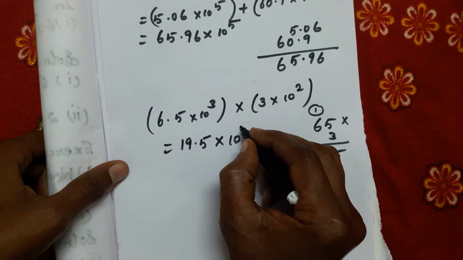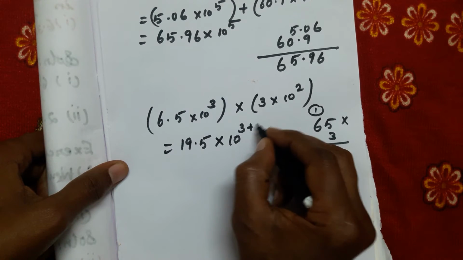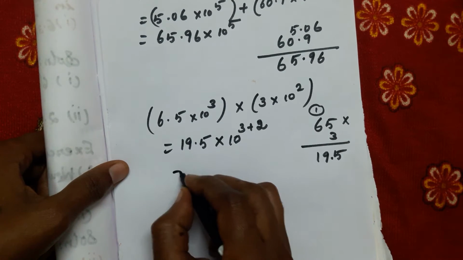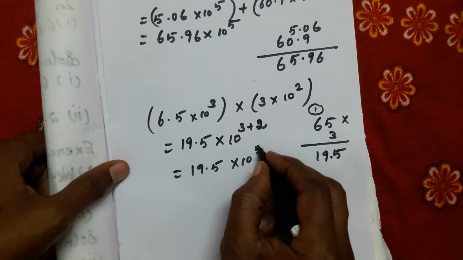Integers, listen here, 10 power 3 into 10 power 2 means 10 power 3 plus 2, which is equal to 19.5 into 10 power 5.